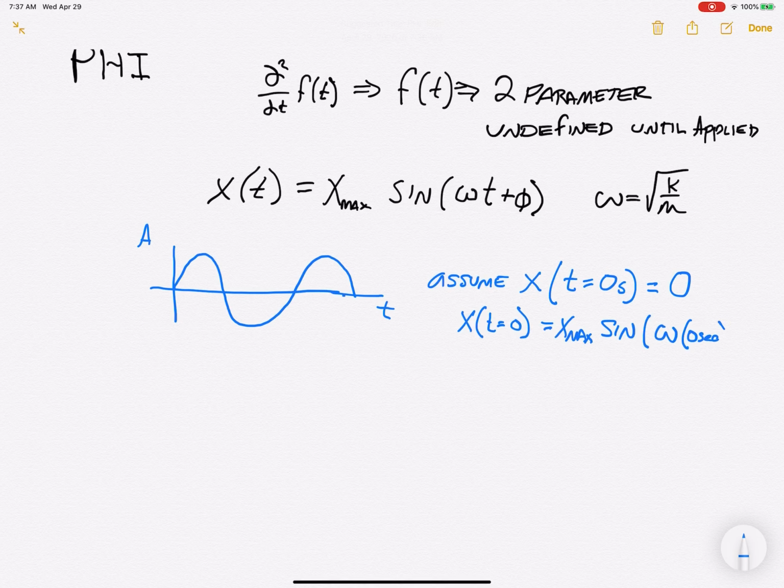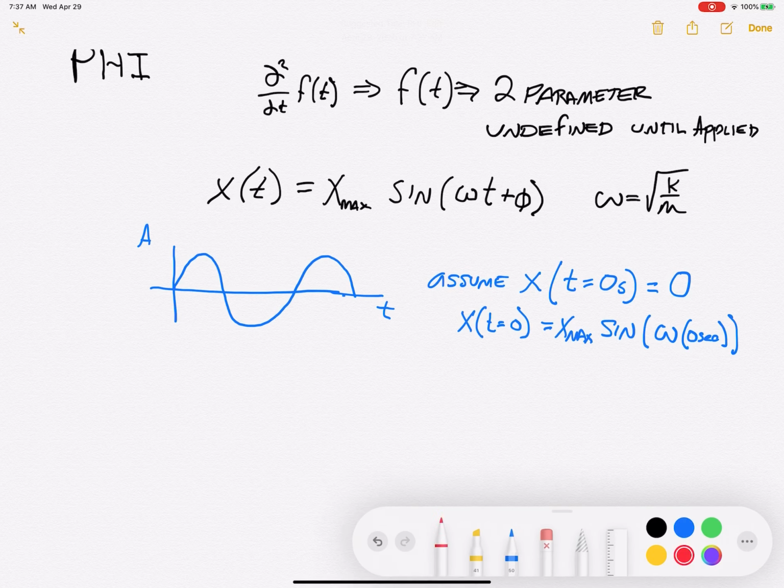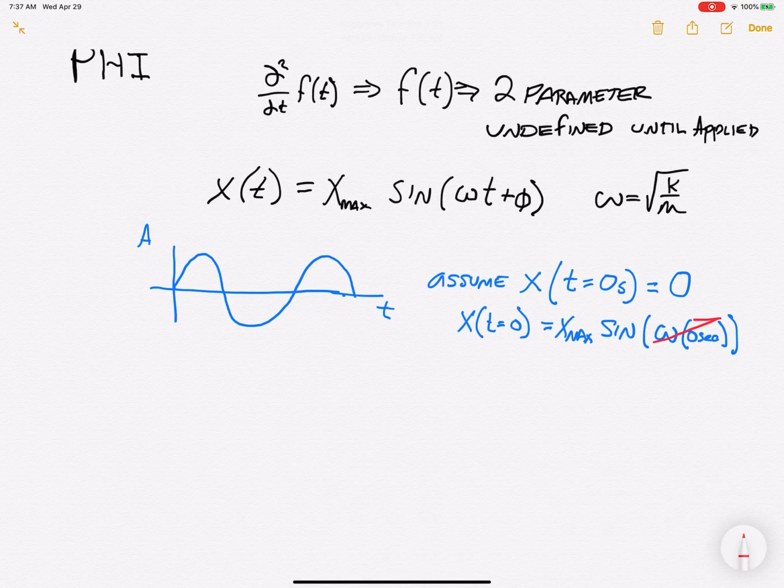Hold off on phi for just a moment. Omega times 0 seconds is equal to 0 radians, technically. The sine of 0 is 0. So that brings this entire side of the equation equal to 0 at time t equals 0.